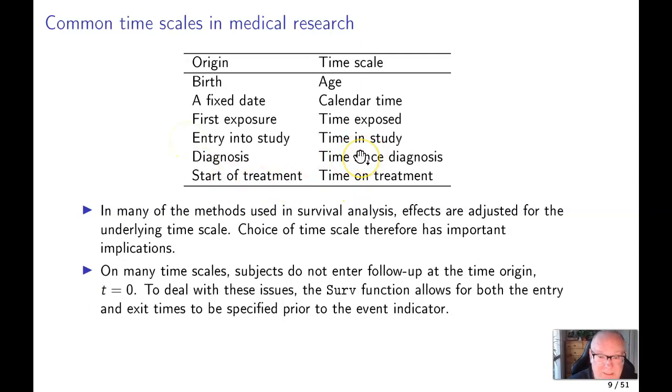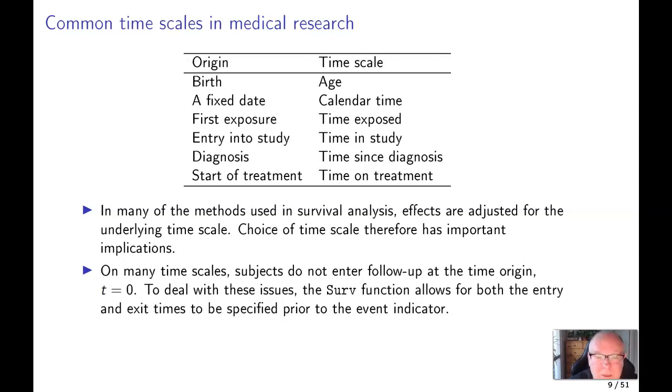Or time since diagnosis is the time scale, and the date of diagnosis is the time origin. And for time on treatment, we would have the date of start of treatment as the origin. Now, this concept is potentially still a little bit opaque.